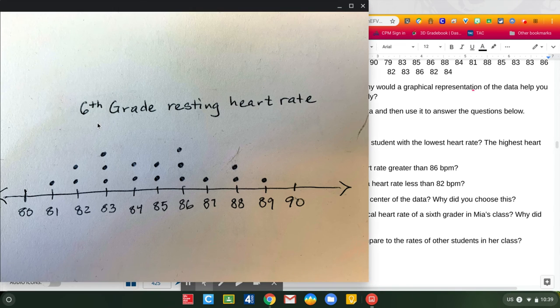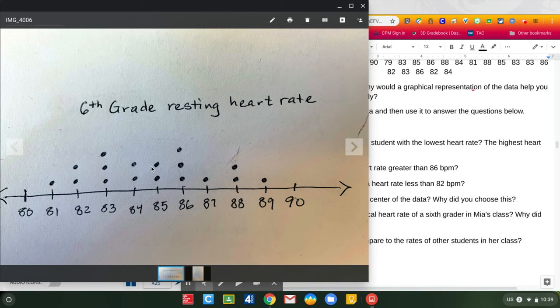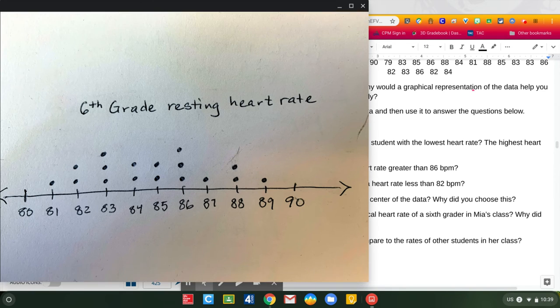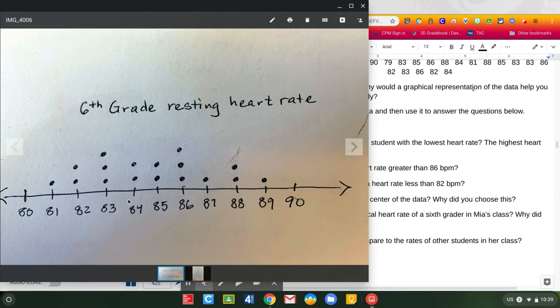So at this point, we're just doing this kind of holistically, but it seems to me, just taking a look at this, I would say 85 is probably right about the center of the data, because I'm noticing that there's about the same number on this side as there are on this side.